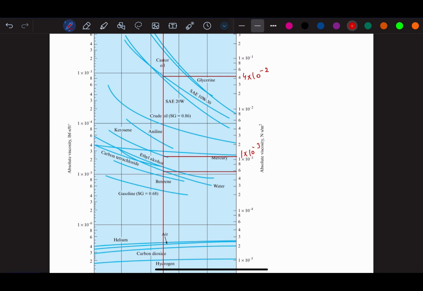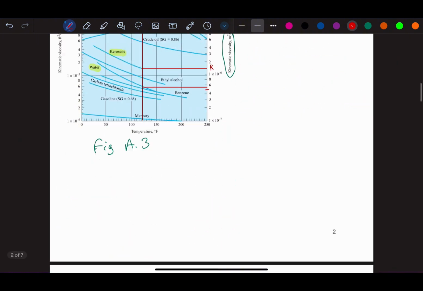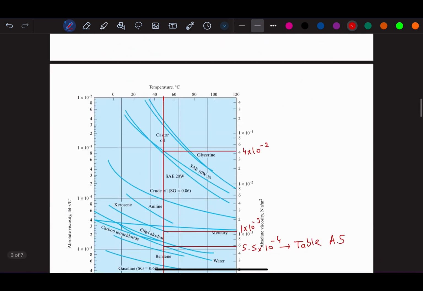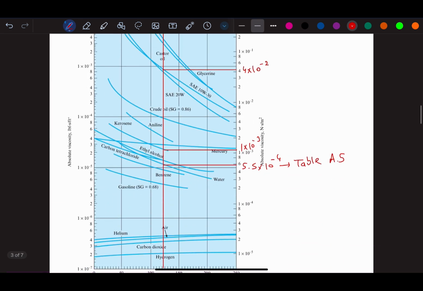And for water, again, it will be between 5 and 6, so let's say 5.5 times 10 to the power of -4. You can actually get exact values in table A.5. So let's write everything again. We have kerosene, and finally we have water.